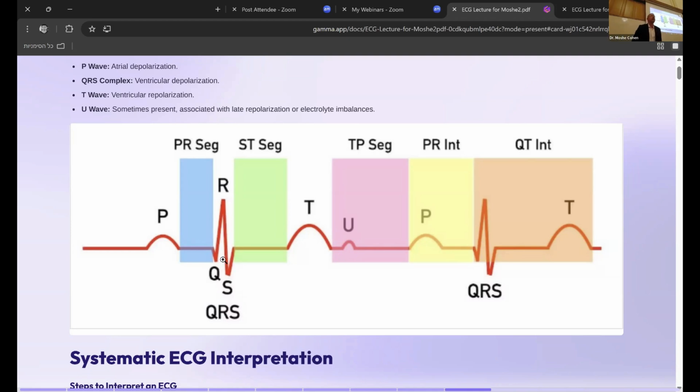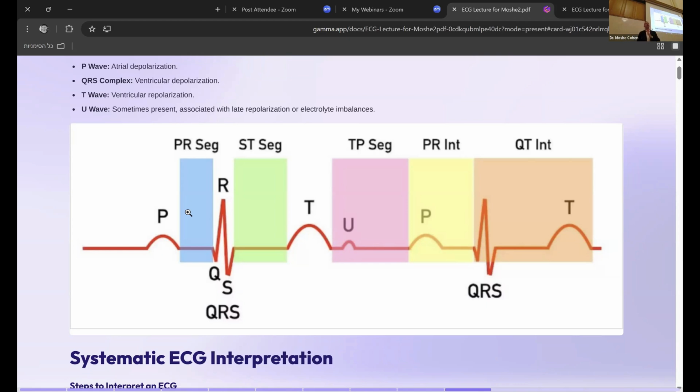Depolarization of the ventricles, because first the atria are electrified and then the ventricles are electrified. And between them, we have a segment. We call it the PR interval. It's a time lag because it's the x-axis, right? PR is between depolarization of the atria and depolarization of the ventricles.